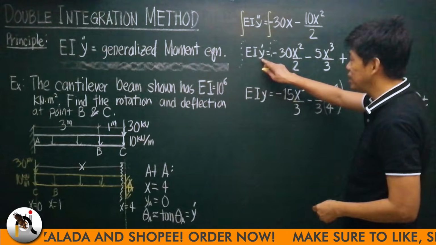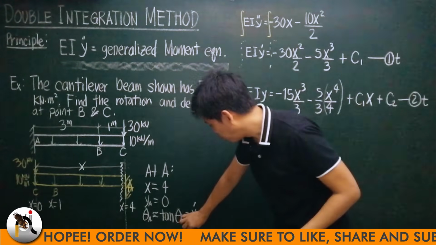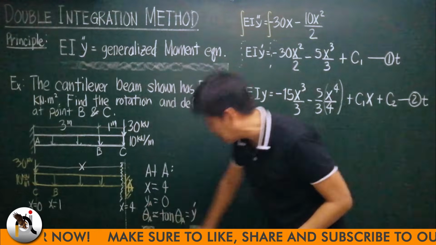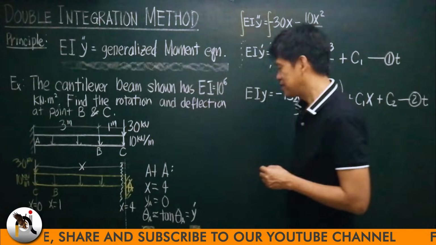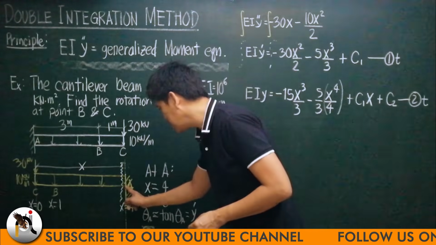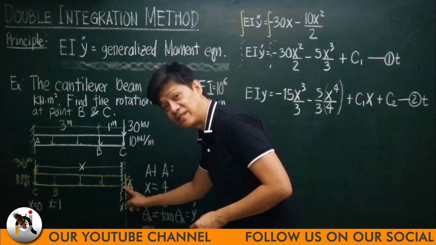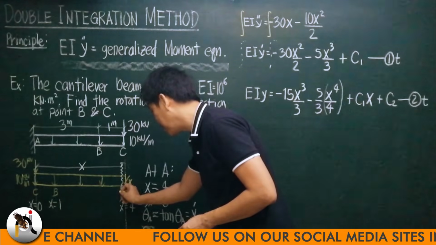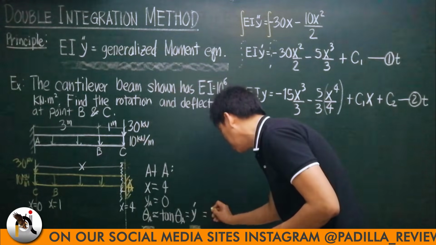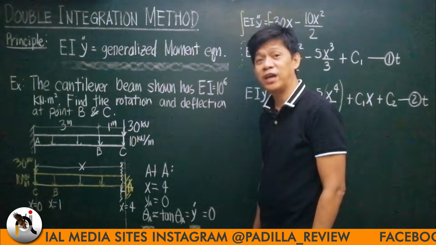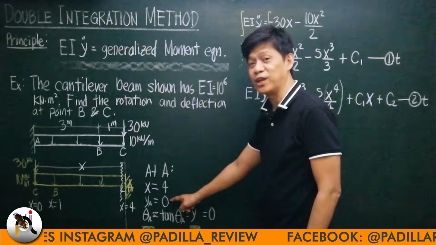So approximately, for a small angle, y prime and theta are equal. You get it? But we know that this is fixed, so therefore there is no rotation. At A, theta is 0. We have two zeros for the equations.